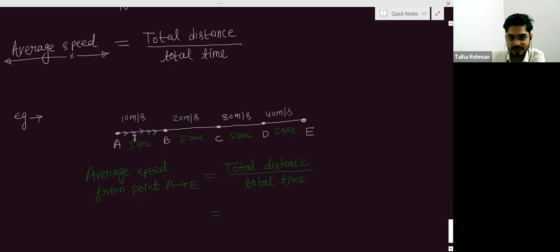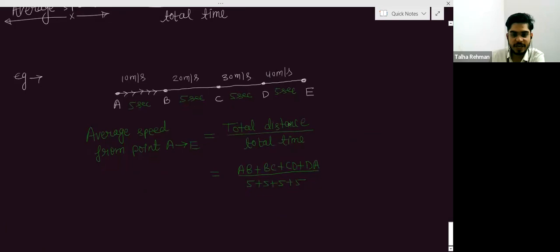We will calculate the distance AB plus BC plus CD plus DE divided by the total time, that is 5 plus 5 plus 5 plus 5. Now speed is equal to distance divided by time, so distance is equal to speed into time.